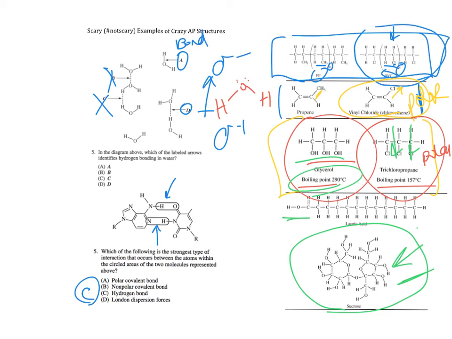Remember, lauric acid, even though it's got a polar end right here, as we saw earlier, has that super long hydrocarbon chain. This end does not get along with water at all. This end does. So yeah, this might dissolve slightly, but because of all those different sites of potential hydrogen bonding in that sucrose, it is going to be more soluble in water.